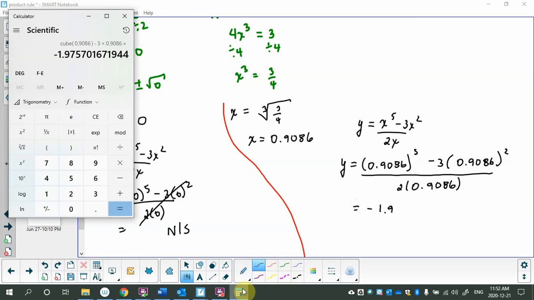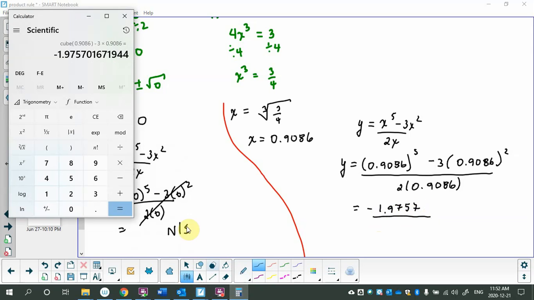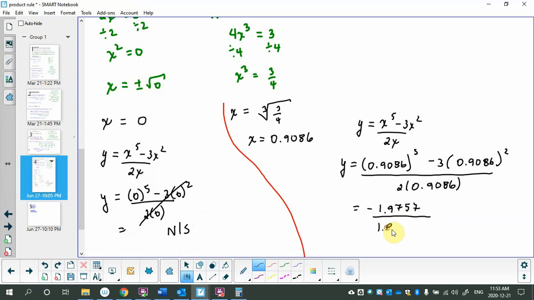Forgot it already. 1.9757. Two times 0.9086 equals 1.8172. And then divide.